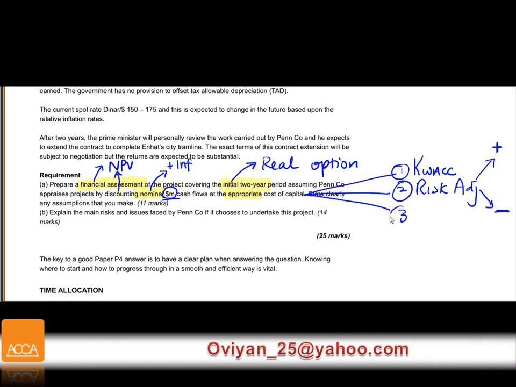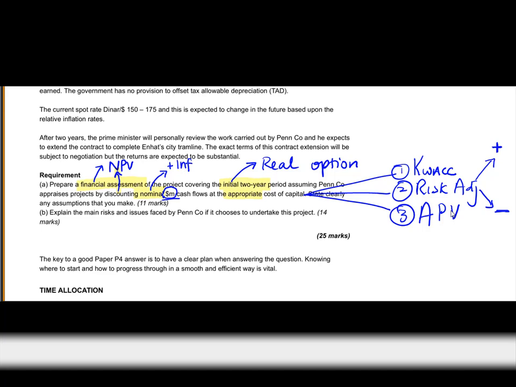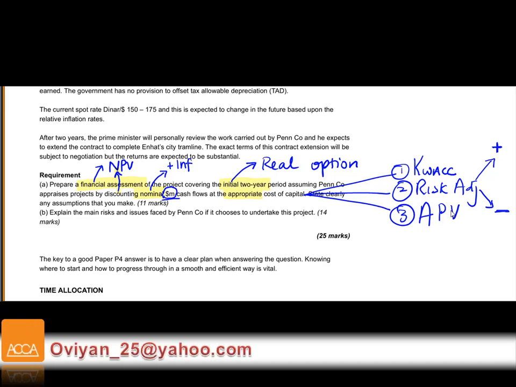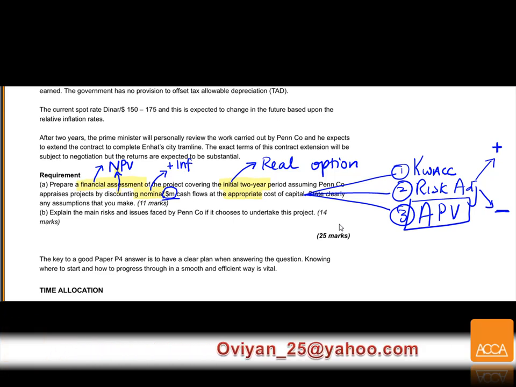Now the third way is simply the adjusted present value. You must remember that you use APV whatever else happens, when your finance is going to change. If your finance is going to change, straight away you consider APV, whether your business risk is changing or not.